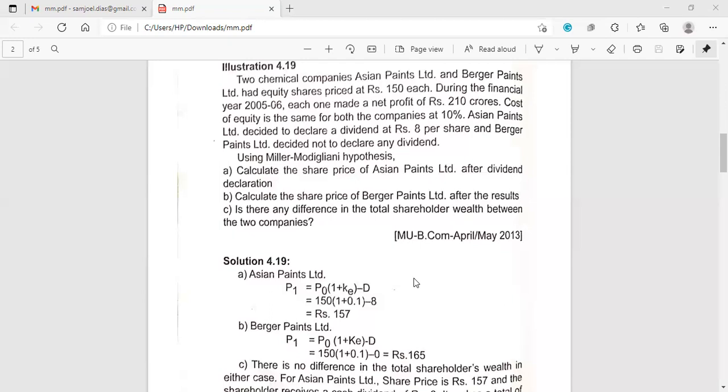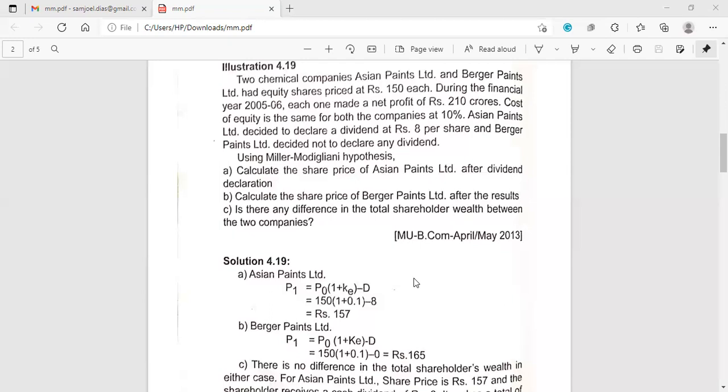Now, we have to apply this formula to the given particulars, identify the market price of the shares, then identify the difference between the market prices of the shares of the two companies, and write a conclusion. That's it. Now first we'll proceed with Asian Paints Limited.